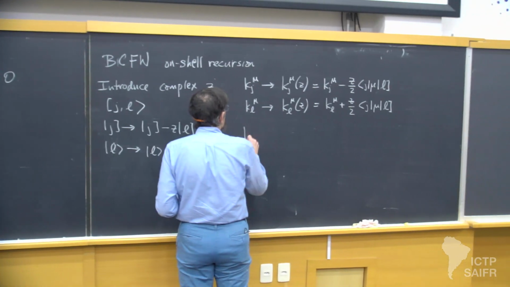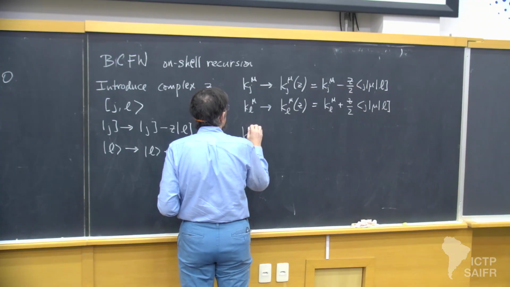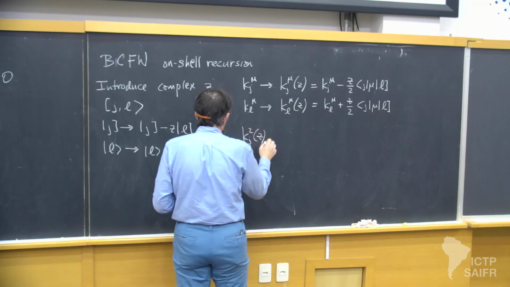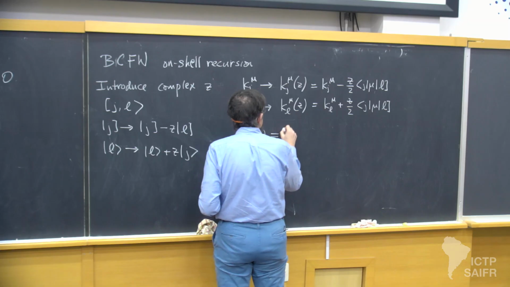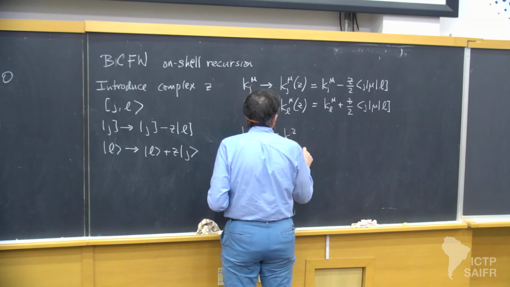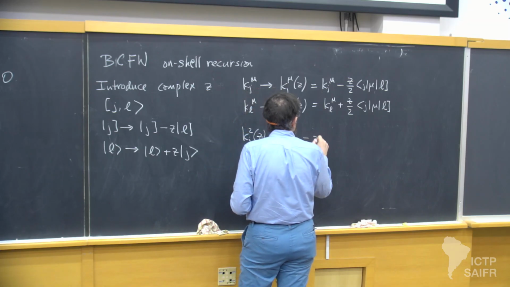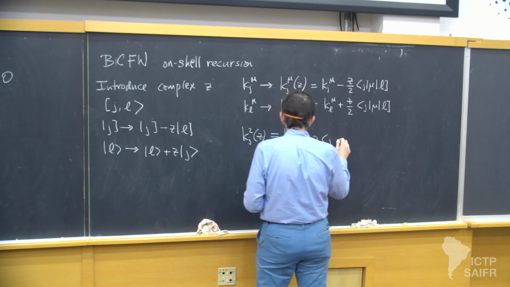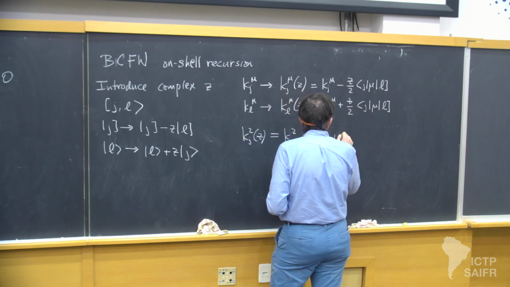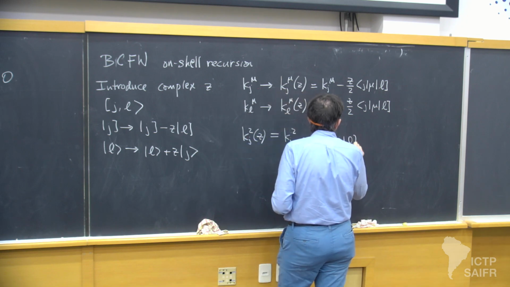So we can look at these momenta, we can square them, and then we find, just doing the algebra, that we get 3 terms.